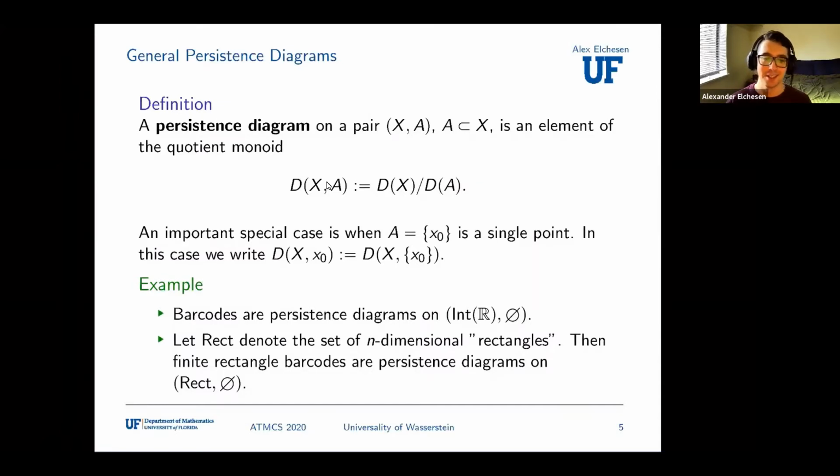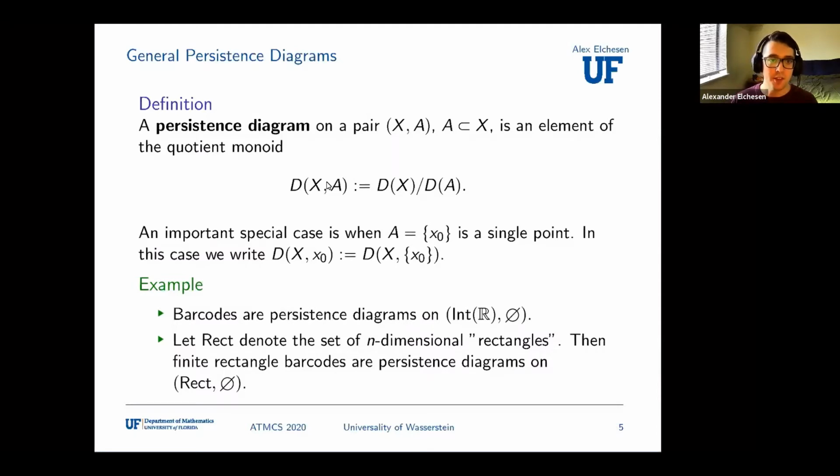A interesting mix of terminology, but that's exactly what they are in this framework. And if we let Rect denote the set of n-dimensional rectangles, which are basically just boxes in R^n, then finite rectangle barcodes, as introduced by Botnan and collaborators, are persistence diagrams on the set Rect, with the empty rectangle being the base point.